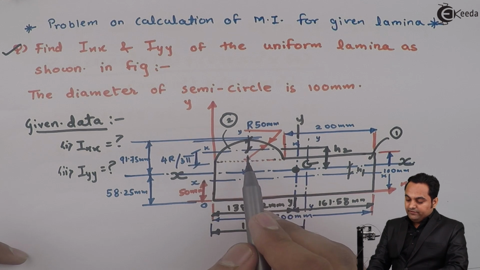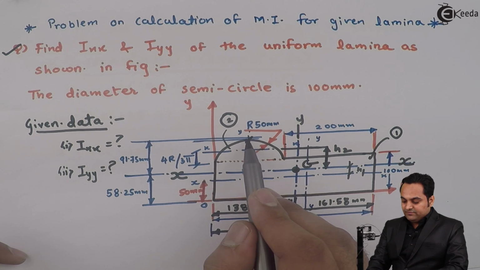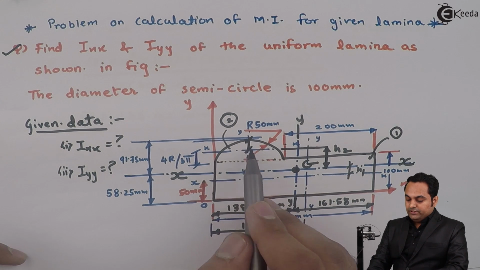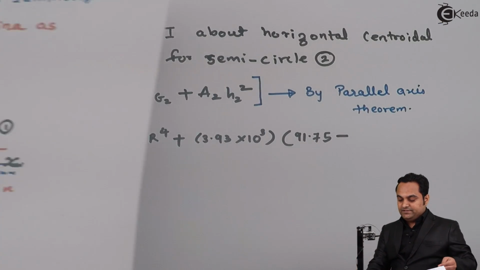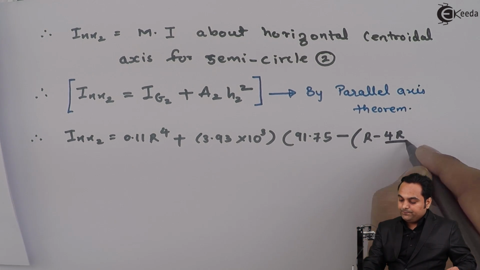So from the total radius, if I am able to subtract 4r upon 3 pi, that will give me this value, and from 91.75 I will subtract this to get the value of H2. So that is r minus 4r upon 3 pi.